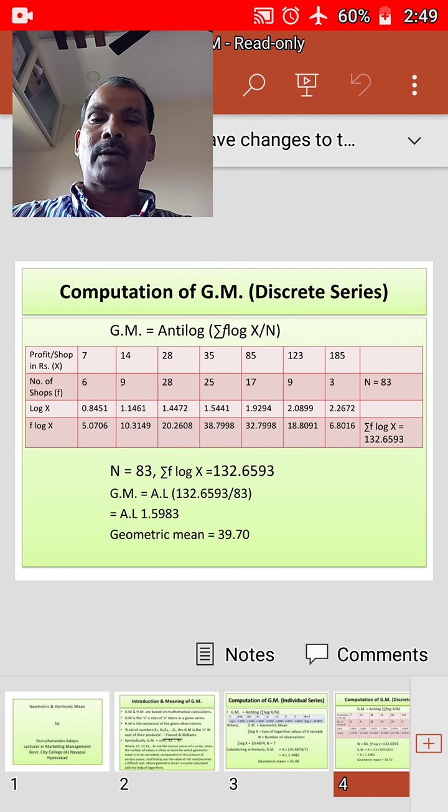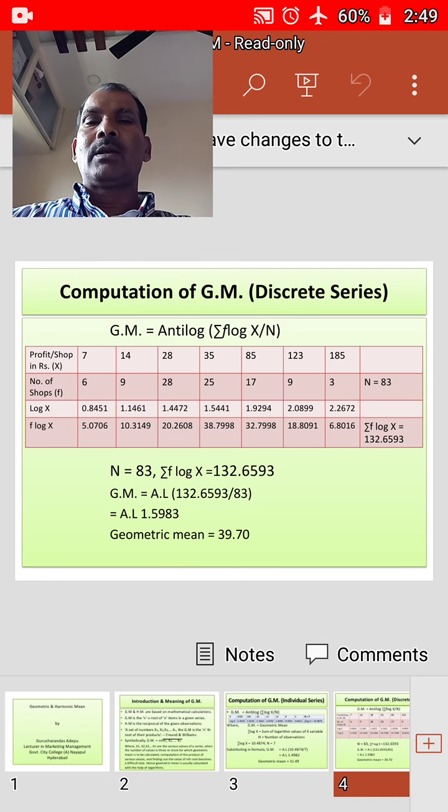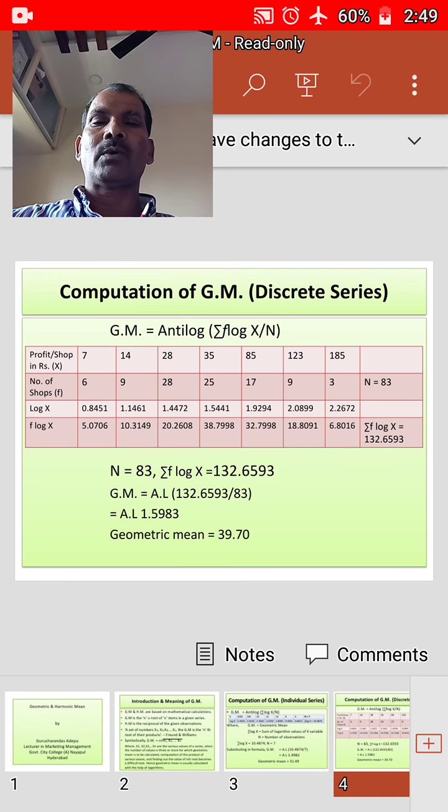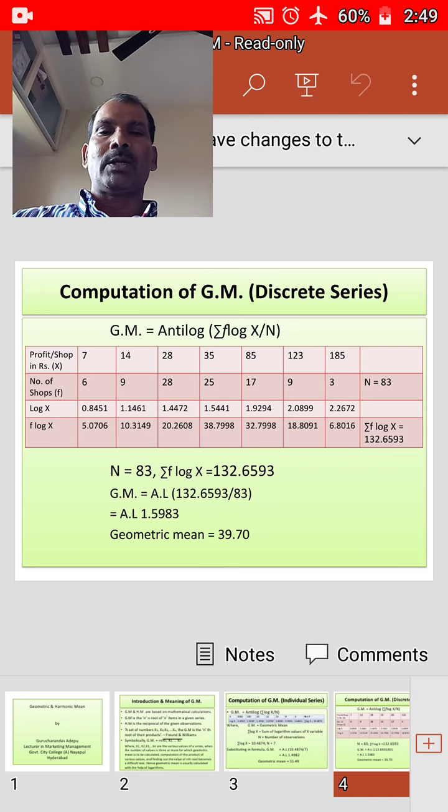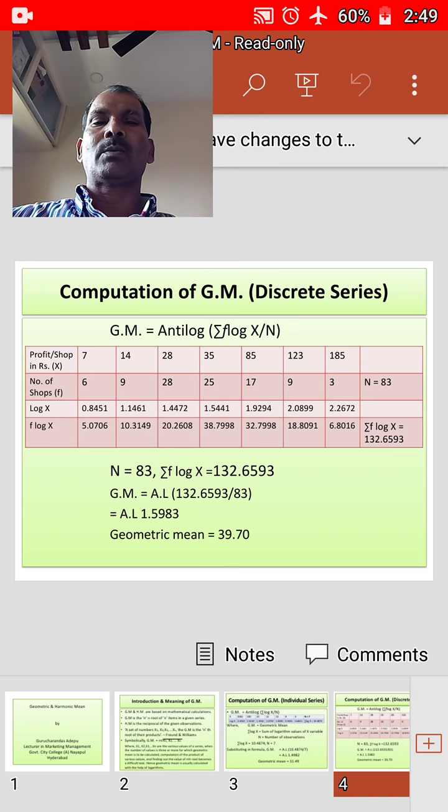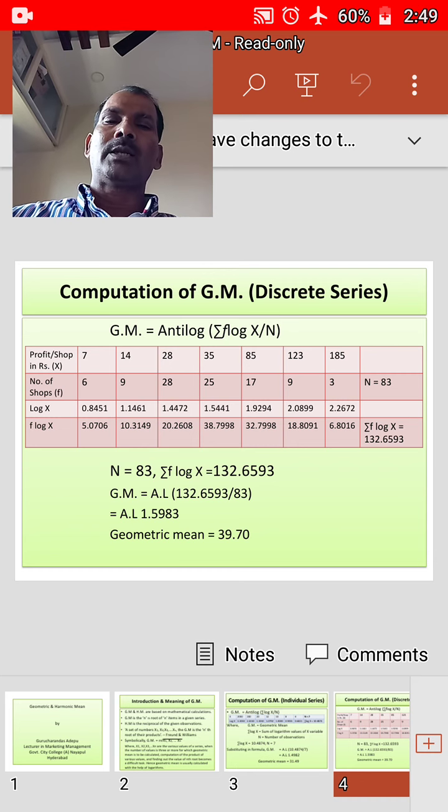If you find these values, log 7 is 0.8451, log 14 is 1.1461, log 28 is 1.4472, log 35 is 1.5441, log 85 is 1.9294, log 123 is 2.0899, log 185 is 2.2672.